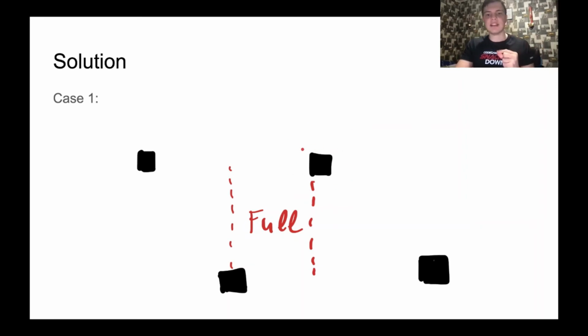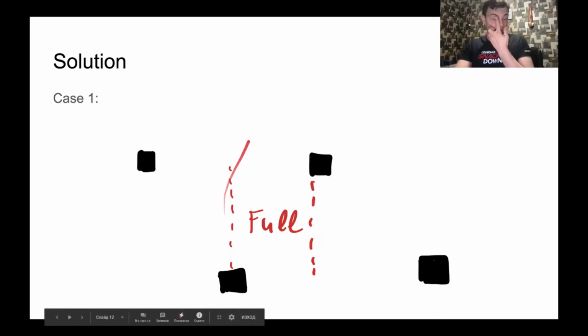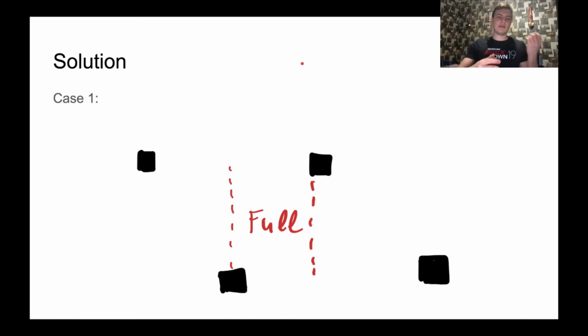Don't forget that this is the maximal right bound of some row above, and this is the maximal left bound of some row above. So yeah, we are basically going to just keep this one and this one for the row above. Similarly, we have a lot of different cases, and we just go for all possible cases, and that's how we maintain the rows.